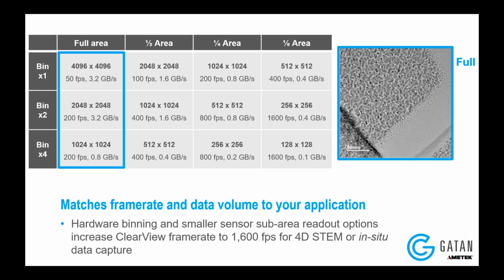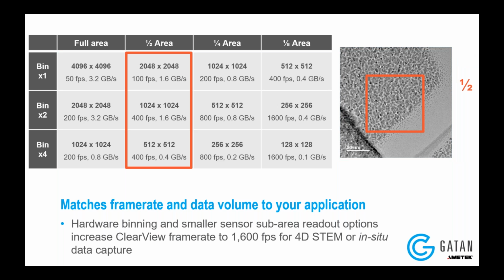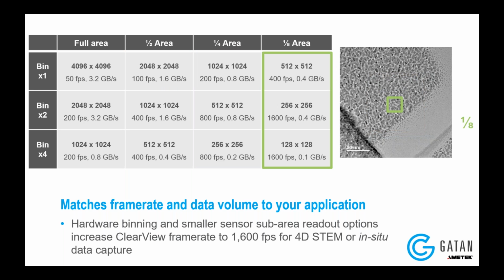With full area, you'll see this whole image that I'm showing here on the right. At half area, you'll double the frame rate at any binning level, but halve the field of view, because only the center half of the sensor is read out. That continues with 1/4 and then 1/8.